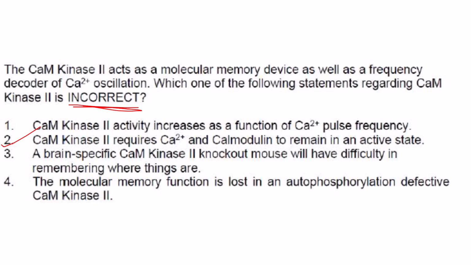Then, molecular memory function is lost in an autophosphorylation defective CAM kinase 2. Of course, because when Ca2+ calmodulin is present, the CAM kinase 2 gets activated, and upon activation it will autophosphorylate itself.